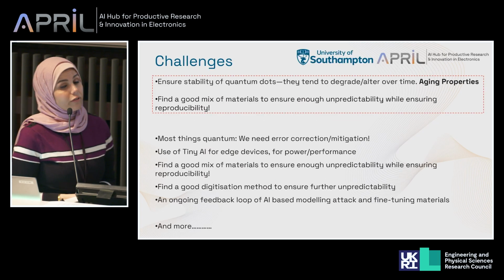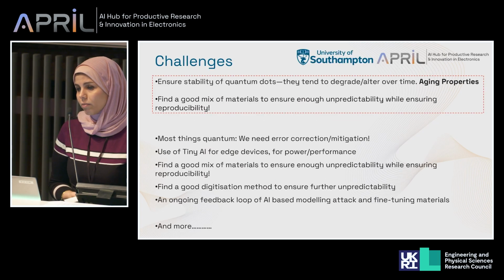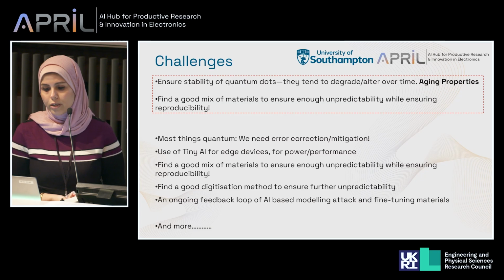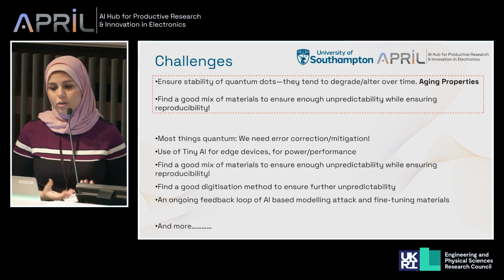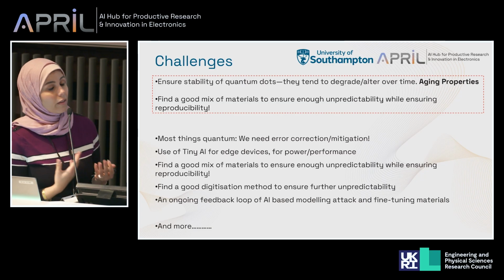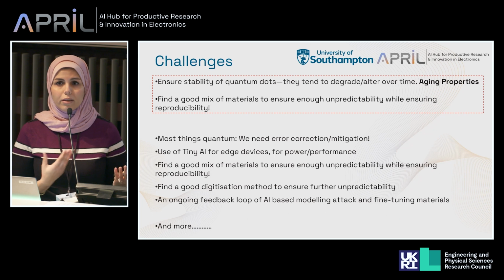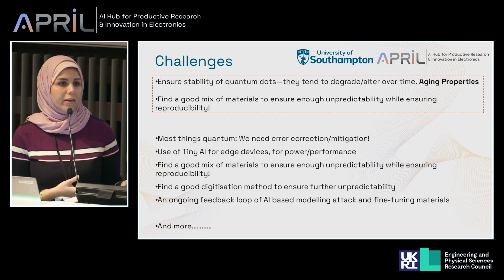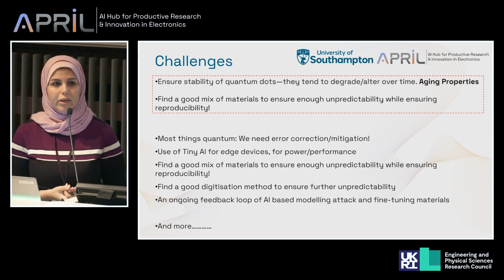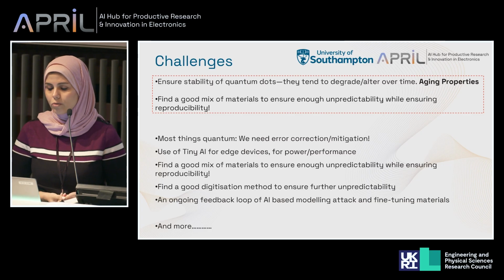There are a lot of challenges in this research, and I'm going to focus on just the top two here, which is how to ensure this quantum tag is stable over time. Especially as these are nanomaterials, they can easily react with the environment, and the emission from these quantum dots can easily decay.